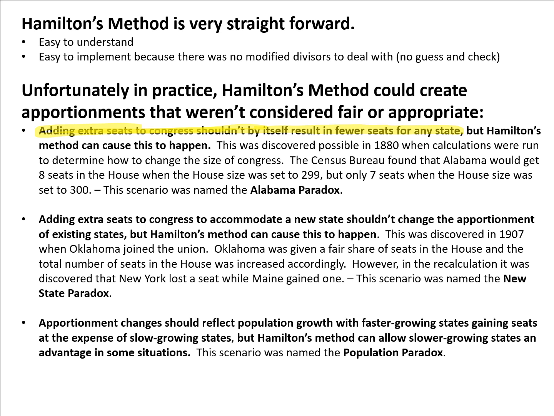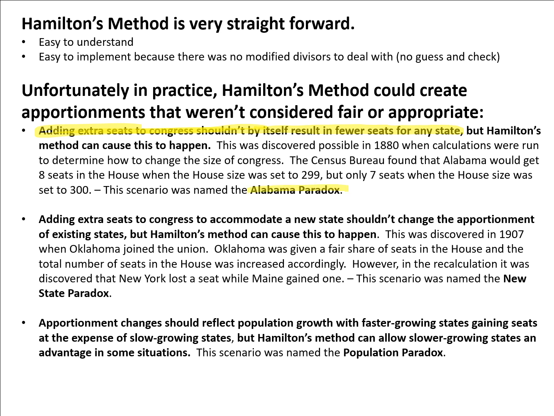So population of all the states is exactly the same, but you increase this number of seats in Congress to 300, or at least in the House to 300, all of a sudden Alabama loses a seat. That doesn't seem to be fair. No one should lose a seat because you've increased how many seats are in Congress. So that was what we called the Alabama paradox.